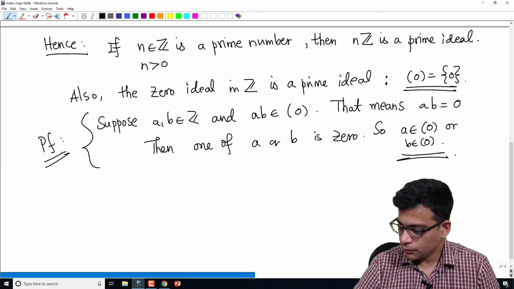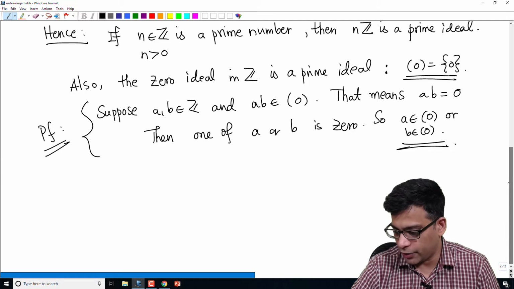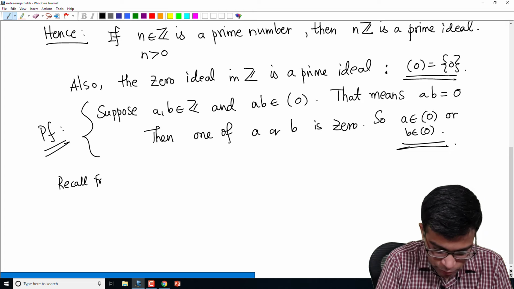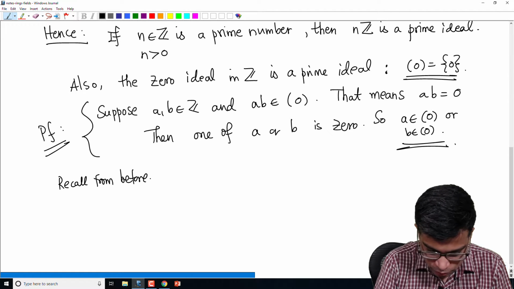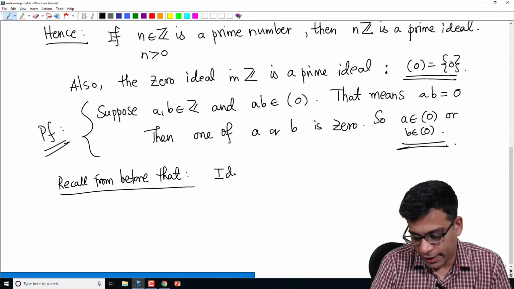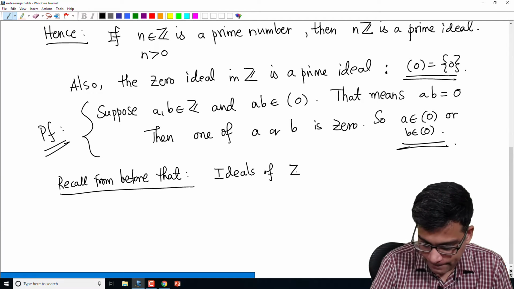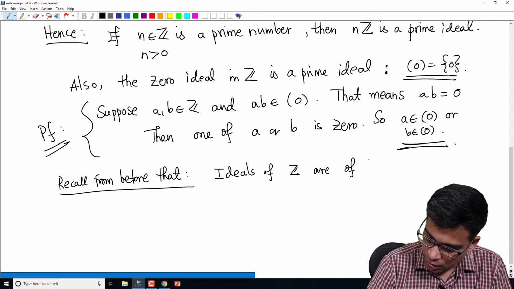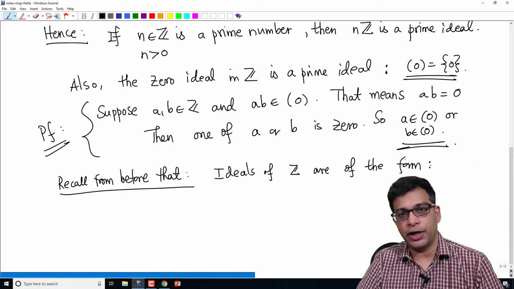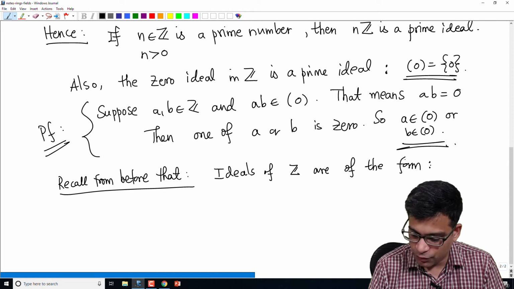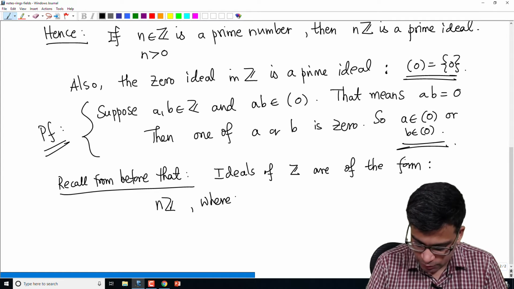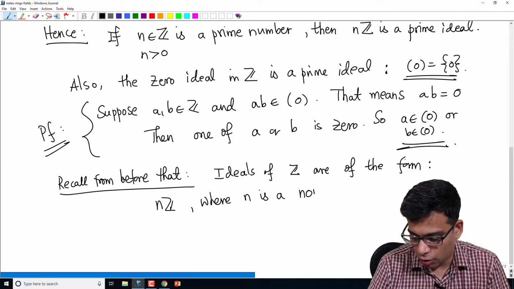So now we learned in an earlier video, recall from before, that ideals of Z are of the form nZ, where n is a non-negative integer.